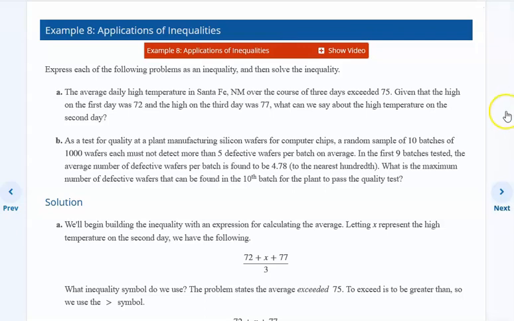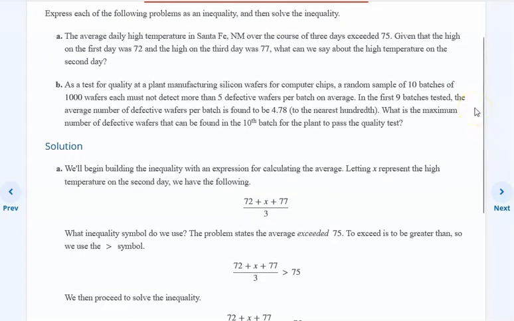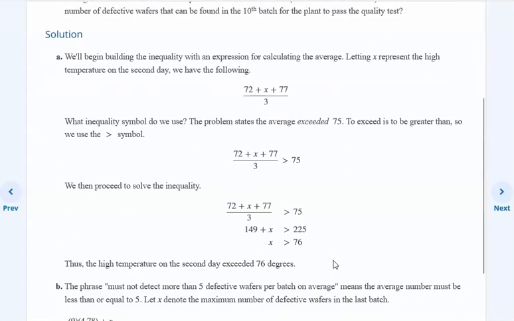All right, let's move it up a little. And we can look at A here is worked out for us. This is your left side of your inequality, and it would be exceeds, so is greater than 75.